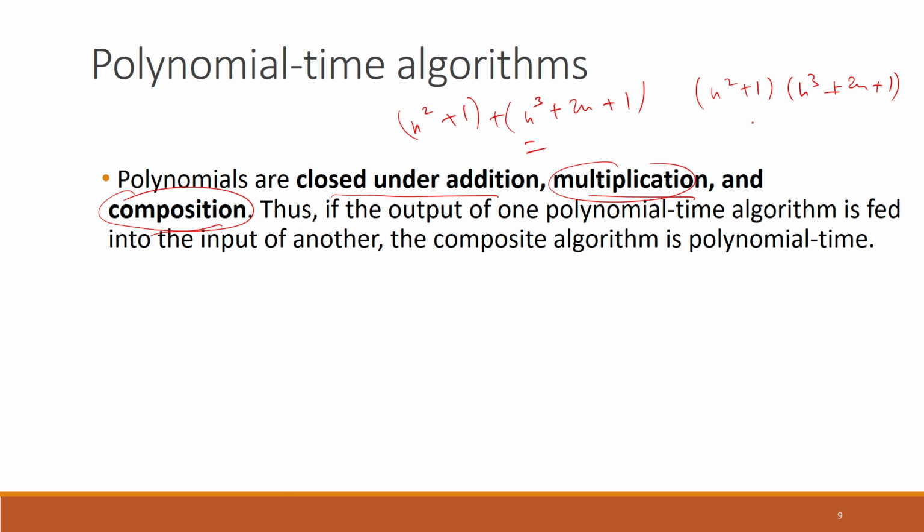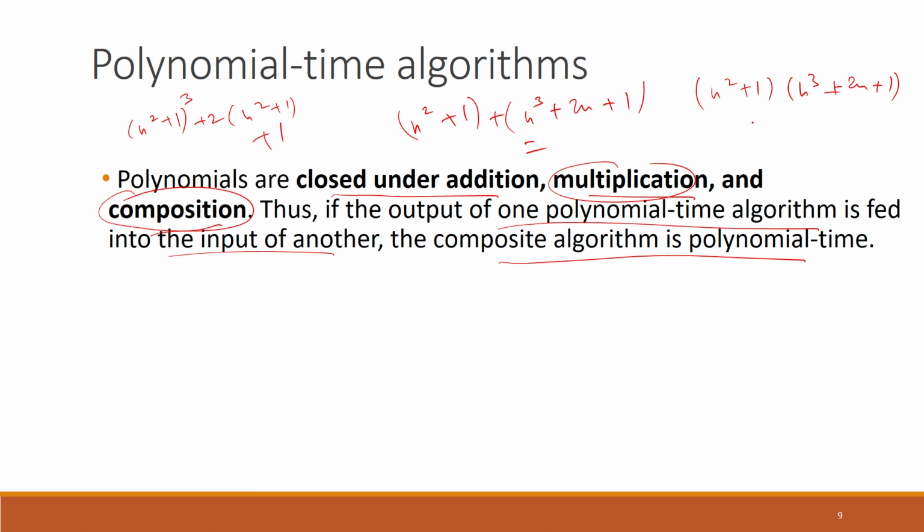That is, if the output of one polynomial time algorithm is fed into the input of another, the composite algorithm is polynomial time. Okay. So, for example, in this function n cube plus 2n plus 1, suppose instead of n you have n square plus 1. So, n square plus 1, we are doing cube of that plus 2 times this n square plus 1 and then plus 1. Okay. So, instead of this function n cube plus 2n plus 1, here I have replaced n by n square plus 1.